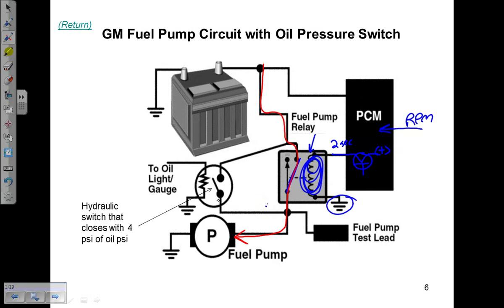Okay? At the same time you started that car, it has built oil pressure, and this is a hydraulic switch. So this switch right here is going to close with oil pressure, and you have a separate parallel branch of power that can go to the pump. Why did GM feel the need to do this? I don't have an answer for that because nobody else was doing it. It was there to back up the relay in case the relay failed.